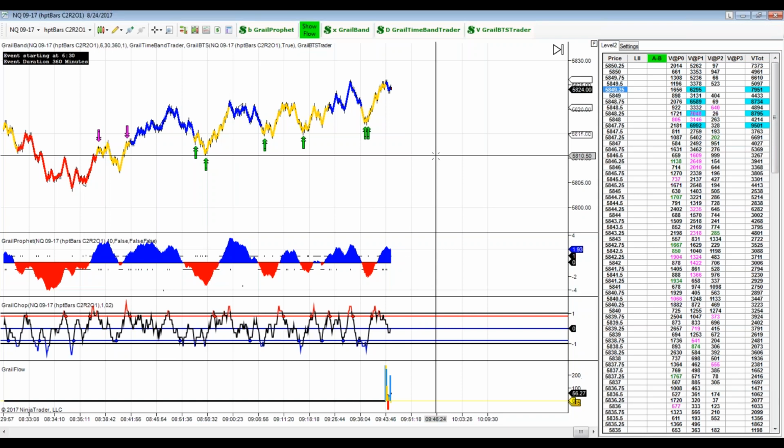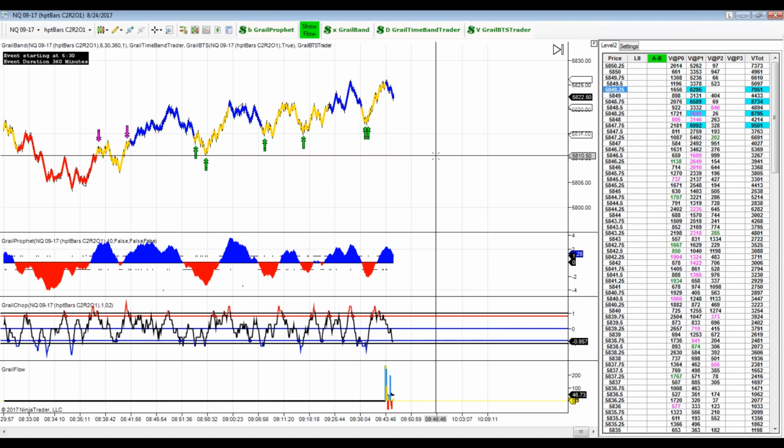So everybody's computer is different. Some of you may be able to run 3 or 4 or 5 of them and never have a problem. Other of you may just be able to run 1 or 2. So start slow on it and see what happens. Because the worst thing is when you're trading, you get caught up in something.